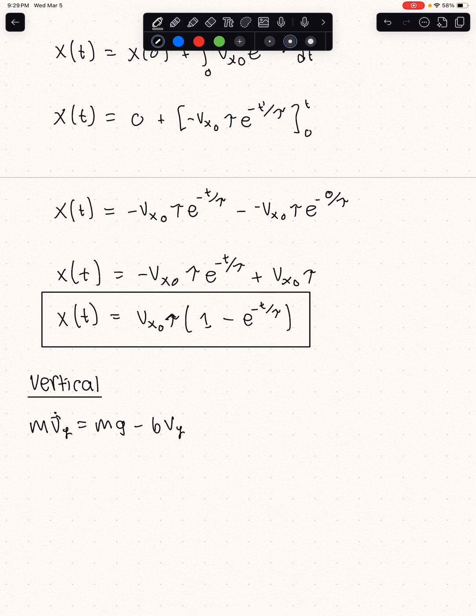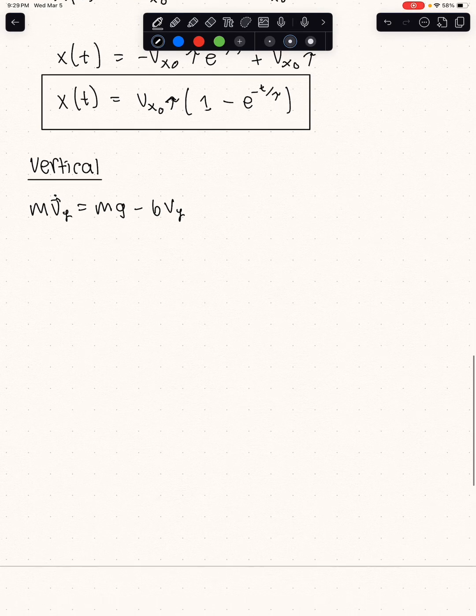Okay, now in the vertical case, we have to take into account the possibility of terminal velocity. And that terminal velocity is the case when the weight force is equal to the drag force. Right?